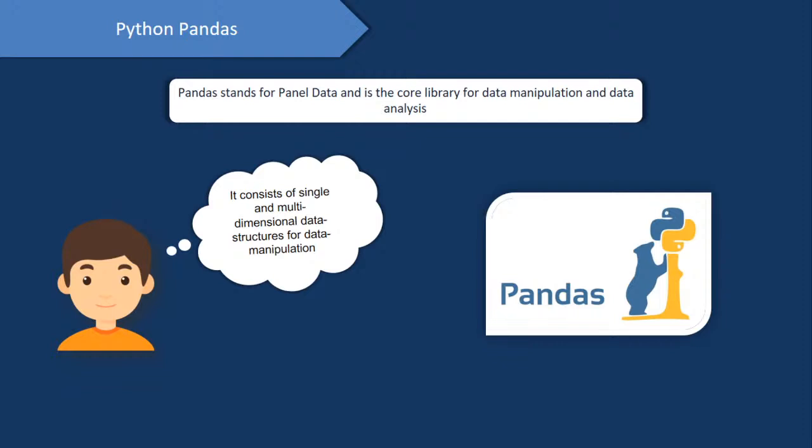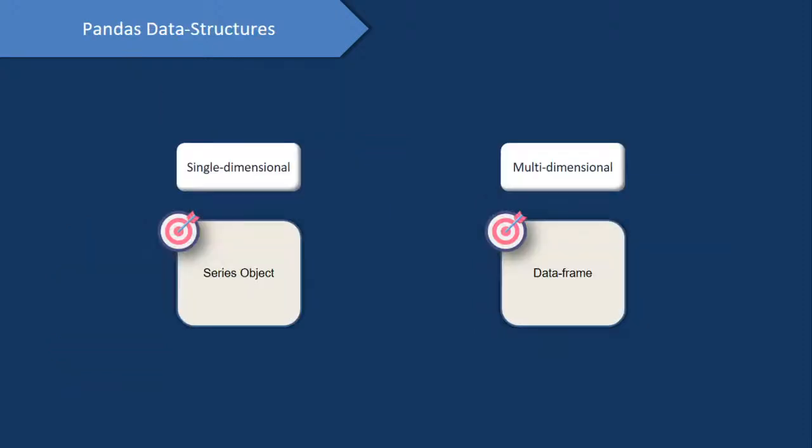As with NumPy, where we had created arrays, with the help of Pandas we again have two data structures. We have a single-dimensional data structure and a multi-dimensional data structure. The single-dimensional data structure is known as the series object, and the multi-dimensional data structure is known as a data frame.